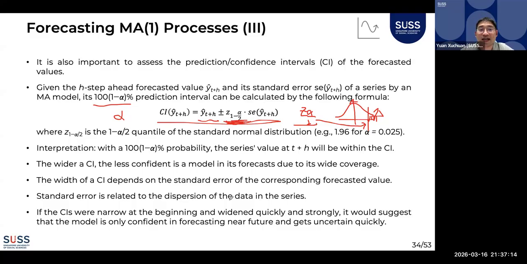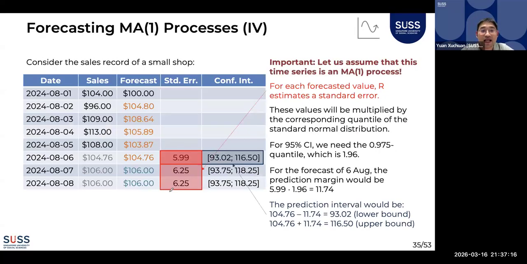When you do a forecast, you will have a confidence interval, and usually you don't need to care about the standard error, as it will be estimated for you. Here is how we calculate the confidence interval: the estimate, or this forecast, plus or minus the z value times the standard error.